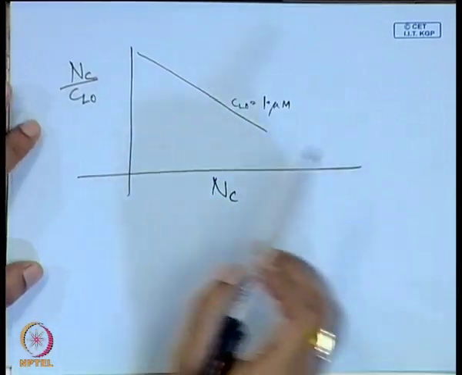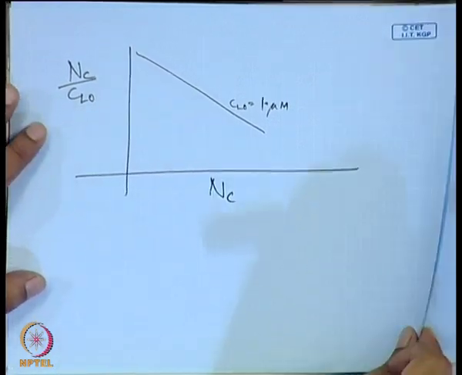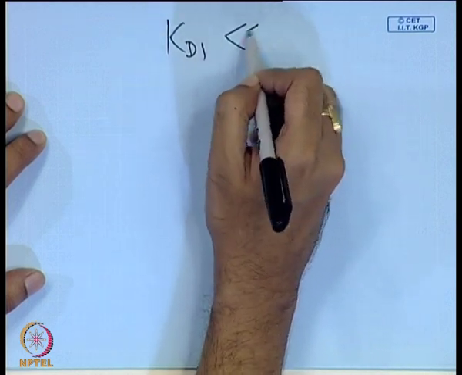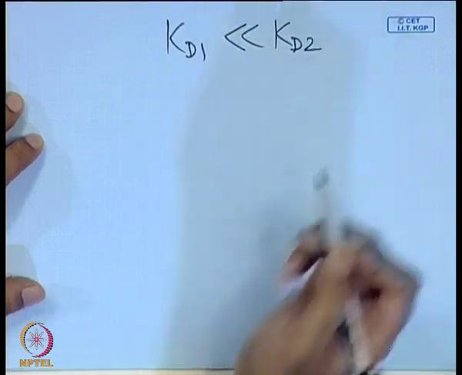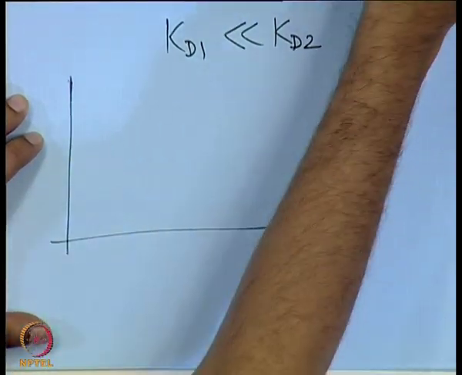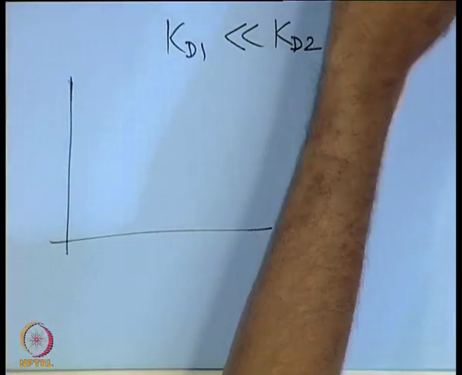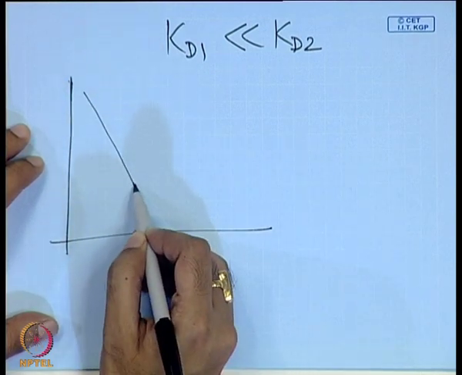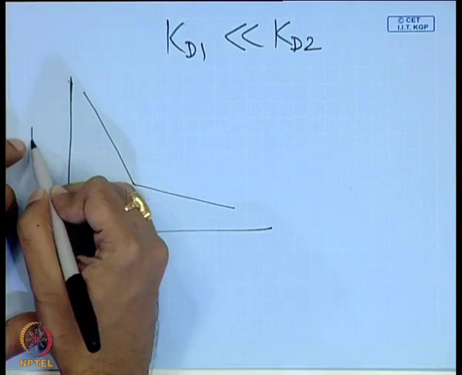This is your plot. But in this case, given that Kd1 is much less than Kd2, your plot is going to be something like this and this.